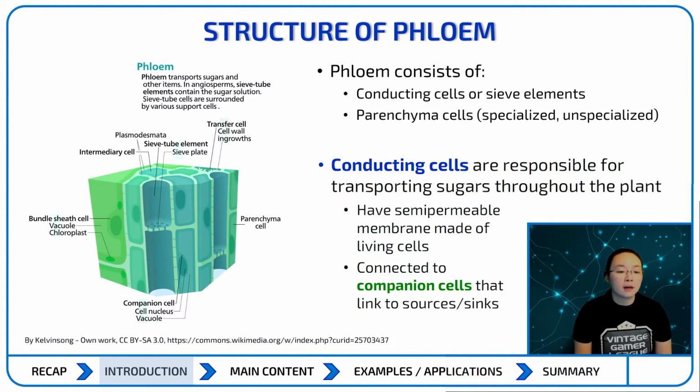So the key thing with phloem is that the conducting cells are living, and they have semi-permeable membranes that are made of living cells. So these are going to be connected to what's called companion cells, which connect the phloem to sources such as your leaves and sinks such as your roots.